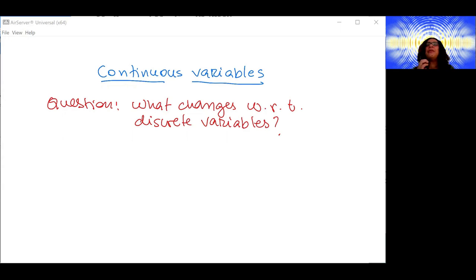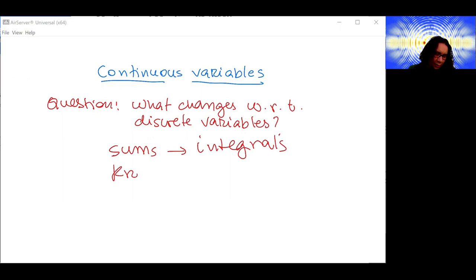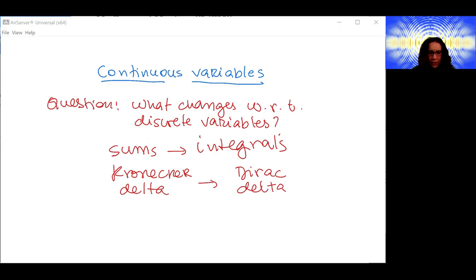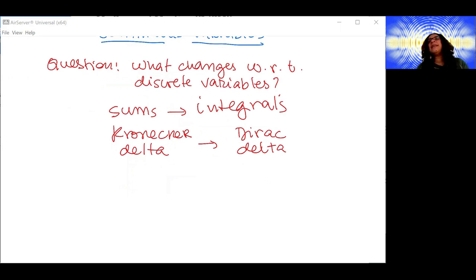And we have seen throughout our lives that when you have continuous variables, typically what happens is sums become integrals and Kronecker delta functions become Dirac delta functions. So we're going to see how this works in practice.